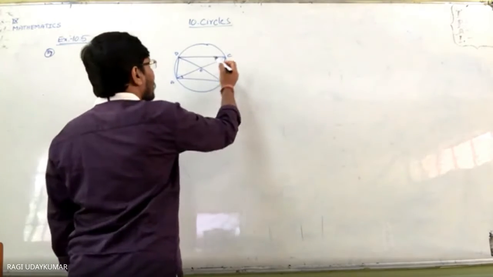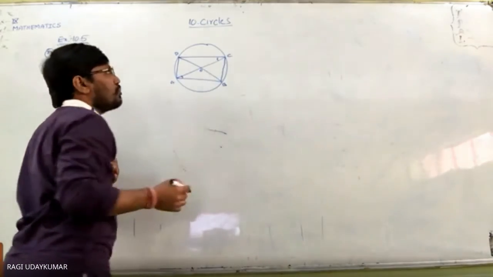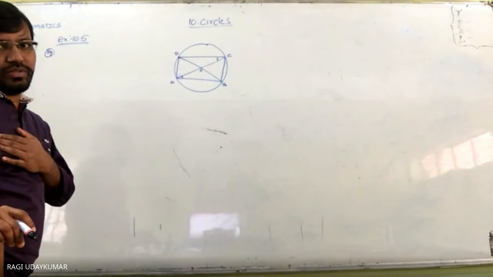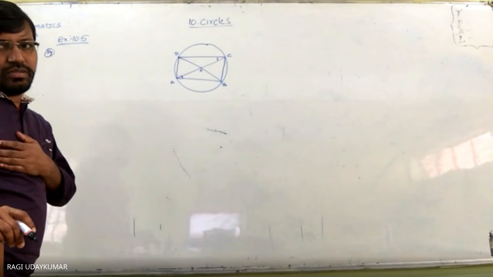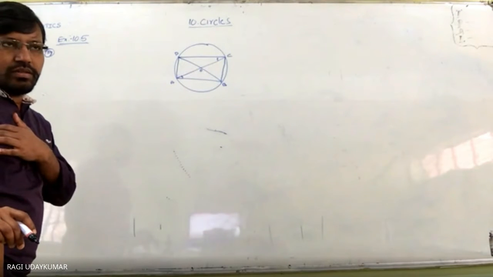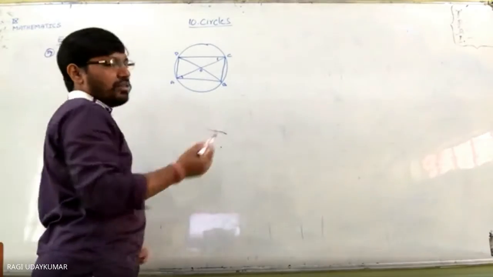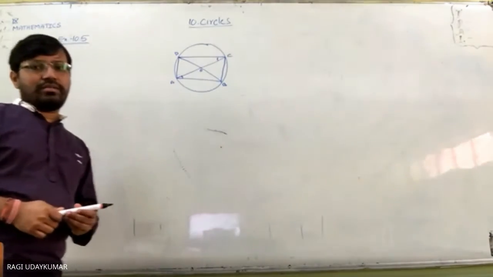And in the same way, is it possible for you to prove that two angles are equal? Think like that. Can you prove it? Yes. Think. You can prove it.